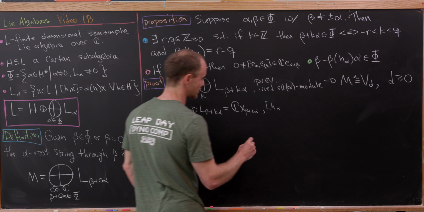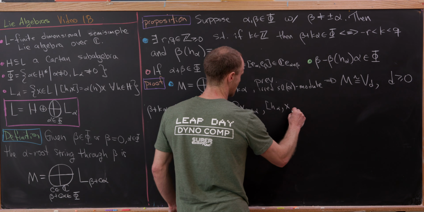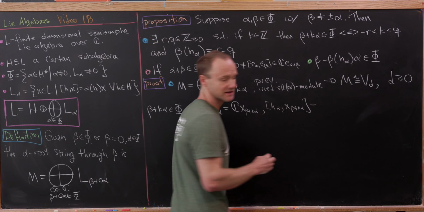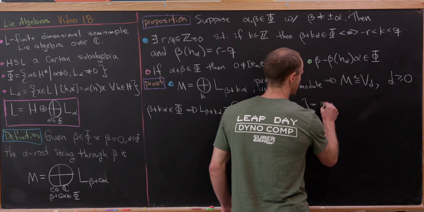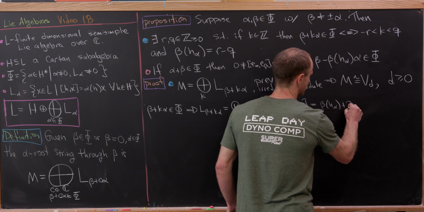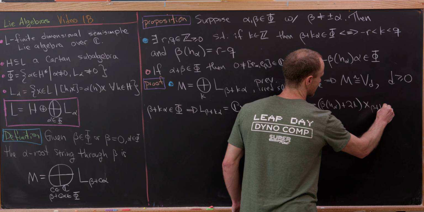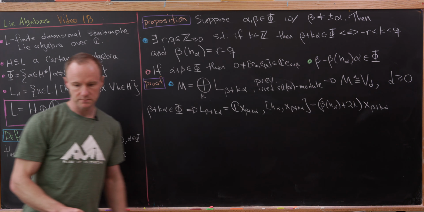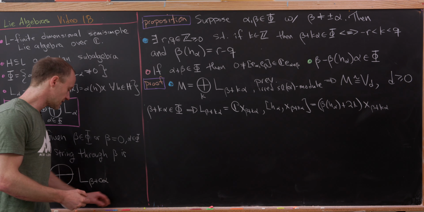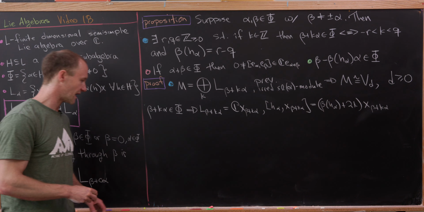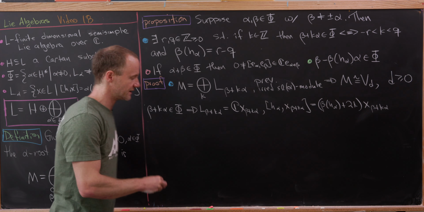So we'll look at h alpha acting on x beta plus k alpha, and that's via the adjoint action. Now, via a very simple calculation, this is going to give us beta evaluated at h alpha plus 2k times the original vector, x beta plus k alpha. Okay, great. And now let's color code the SL alpha action like we've done a couple times already in this video.